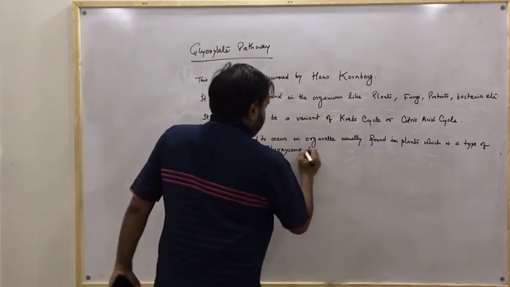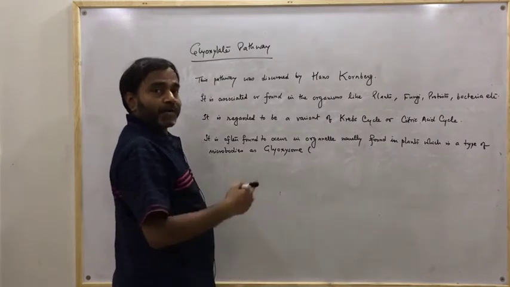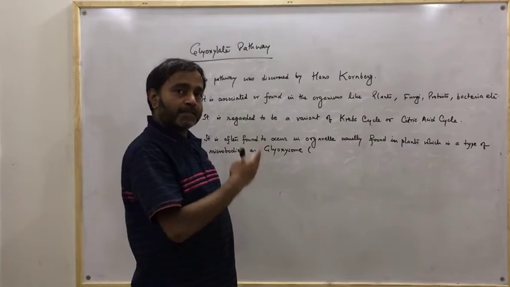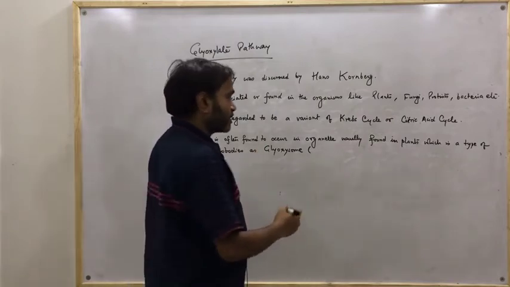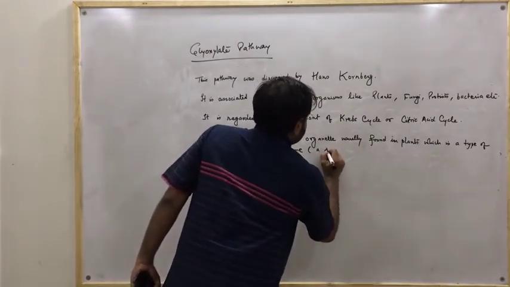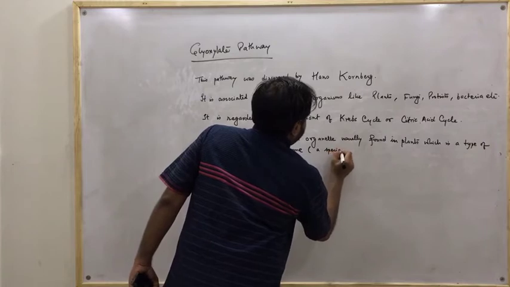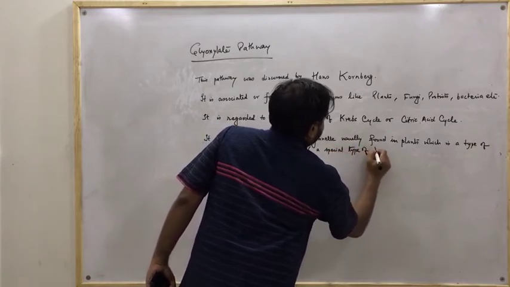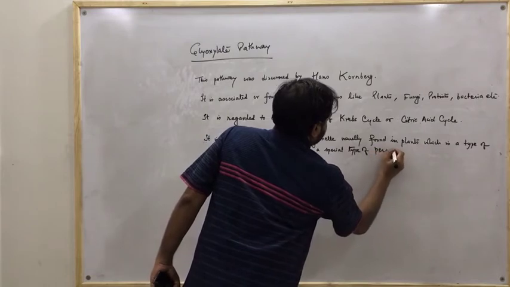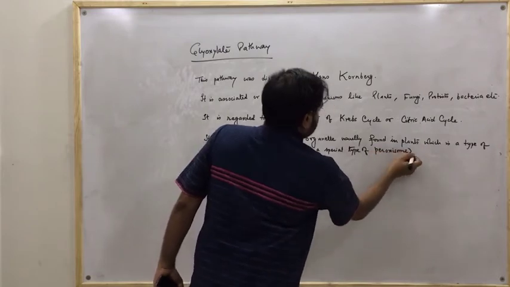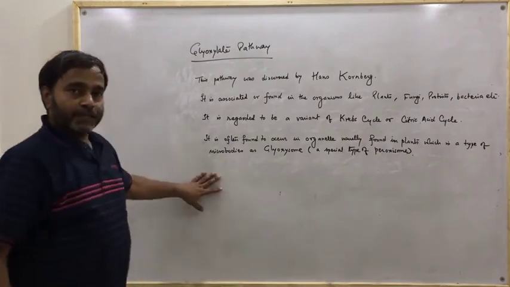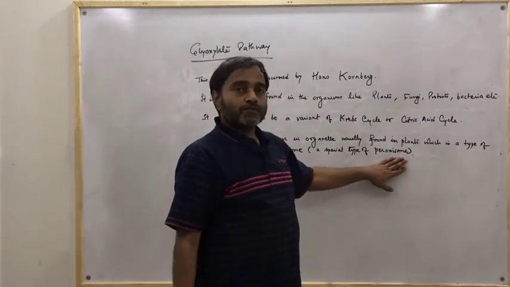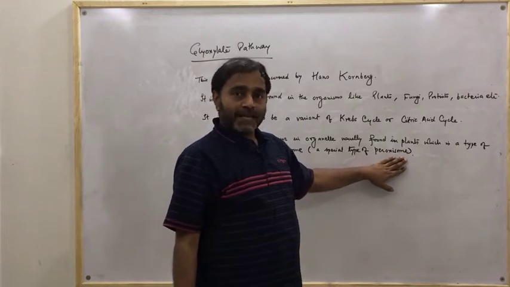The glyoxysome is a special type of peroxisome, because a glyoxysome is just like a peroxisome, but it differs in some aspects. For the sake of knowledge, I would like to tell you that peroxisomes are found in plants as well as animals.